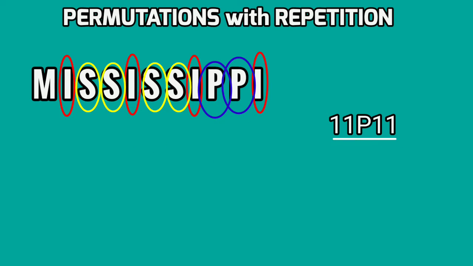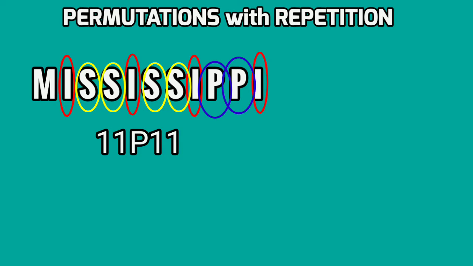Now, we just need to compute this out. How many words can we make from the word Mississippi? One way would be to write out 11P11 as multiplication. You could also use your calculator to do all these calculations.